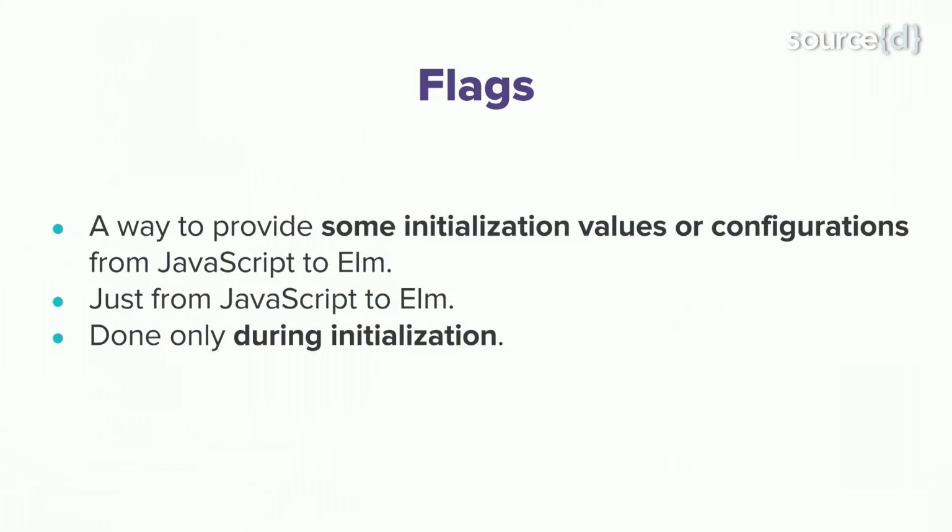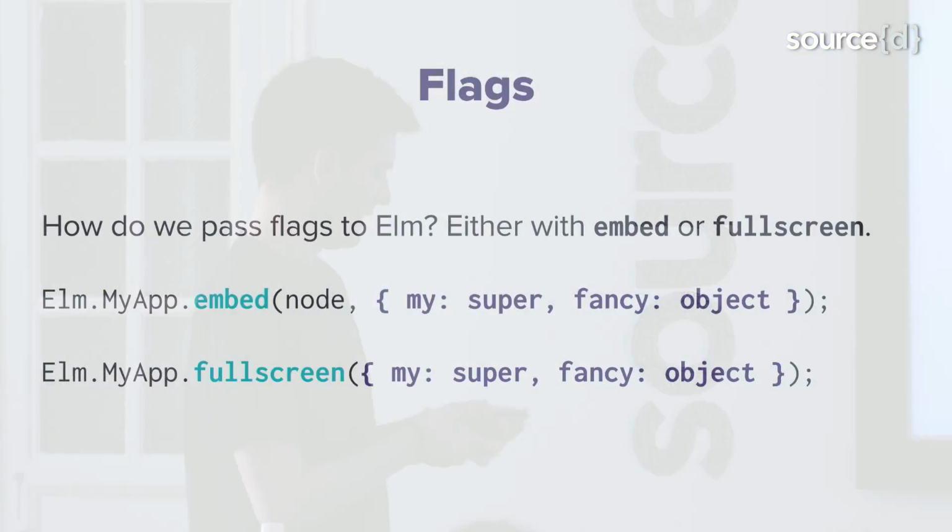The last way of communicating Elm and JavaScript, well, in this case, JavaScript to Elm, are flags. We can think of flags as a way to pass some configuration or initialization values from JavaScript to Elm. And this is done only once, during initialization. We can instantiate an app in JavaScript in two ways.